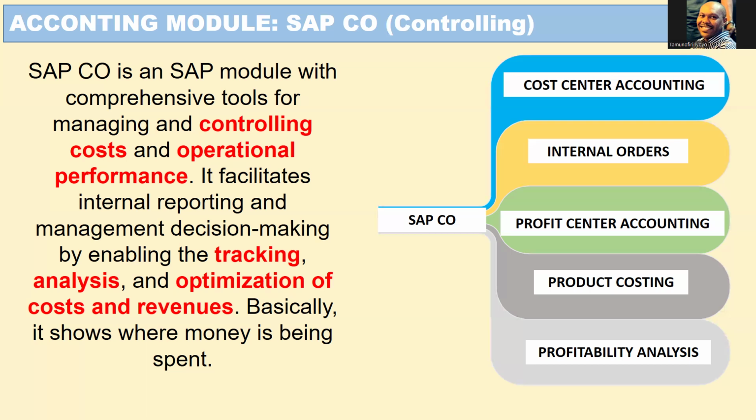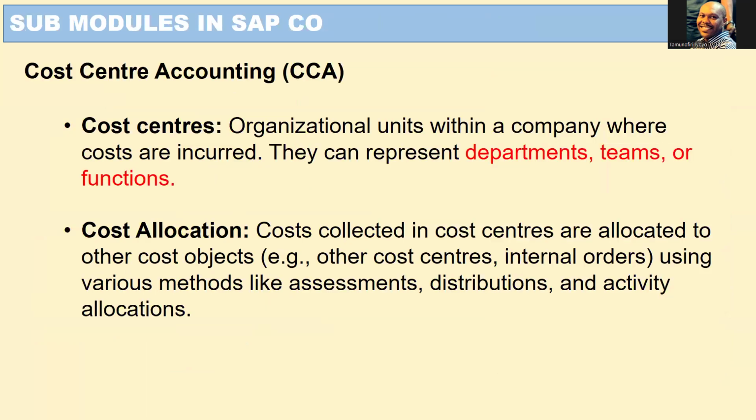So in the SAP FI CO model, there are certain components that we'll be looking at. First, it will be the cost center accounting. Cost centers in an organization are organizational units within a company where costs are incurred. They can represent departments, teams, or functions.